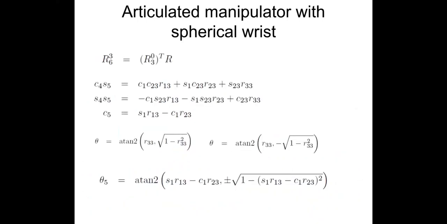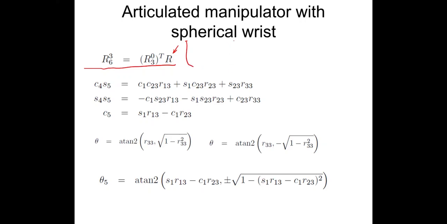Okay, so now we have the next step. From the kinematic decoupling, we know that if we have a spherical wrist, we can use this calculation and this calculation to calculate R63. And this R is the final rotation we want, which means the real number matrix, right?